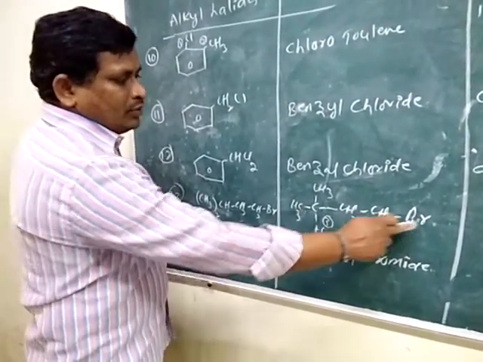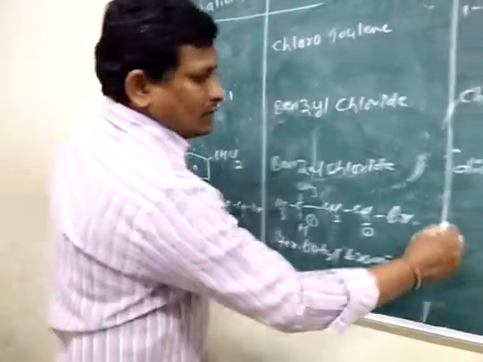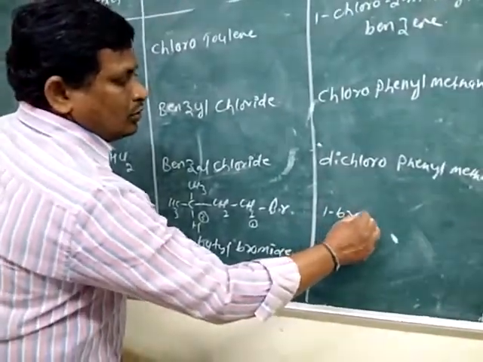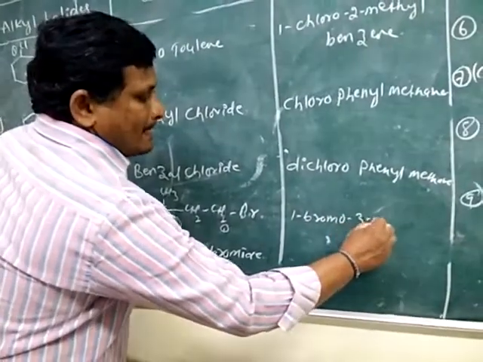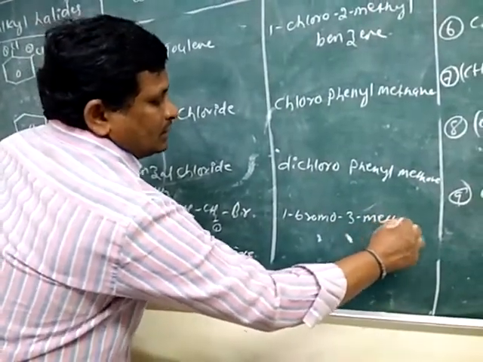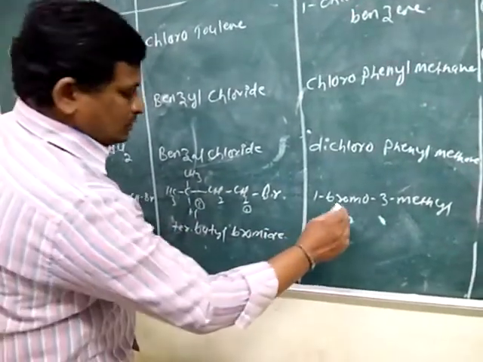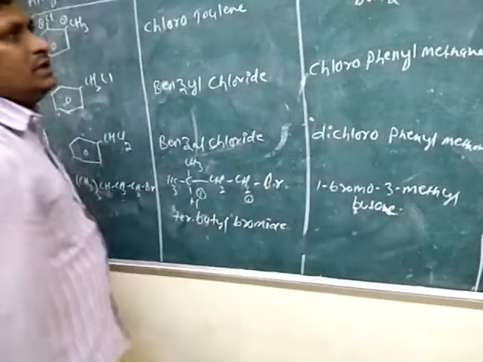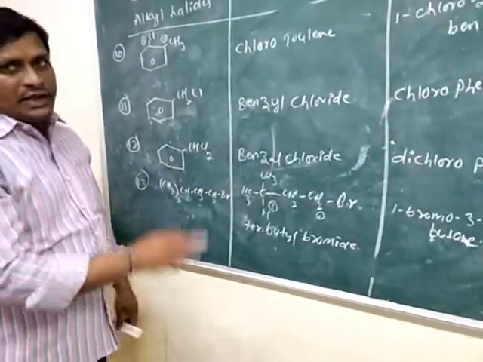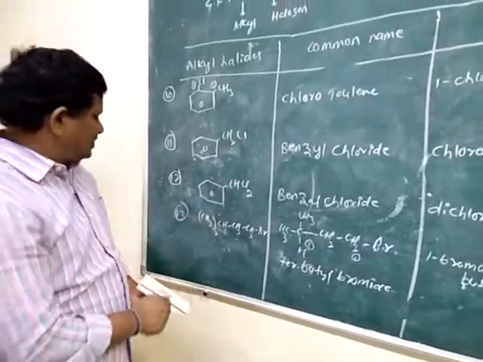Then the IUPAC name is 1-bromo-3-methylbutane. So these are the common names and IUPAC names of some alkyl halide groups.